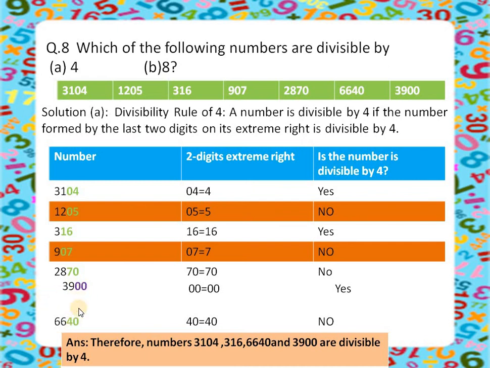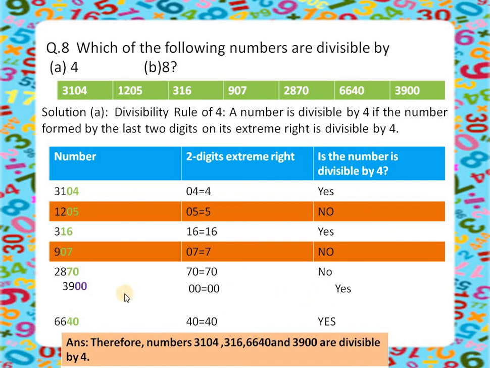Next is 6640, I think it has got shuffled here. The last two digits are 40, and 4 tens are 40. So yes, it is divisible by 4. Next number, 3900. If you look closely, the last two digits are 00.